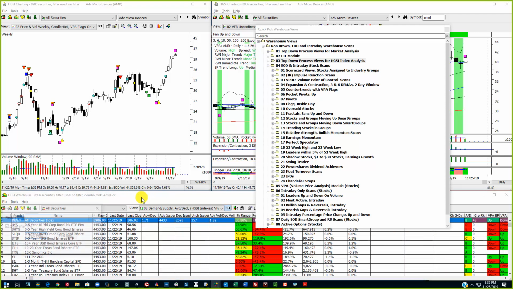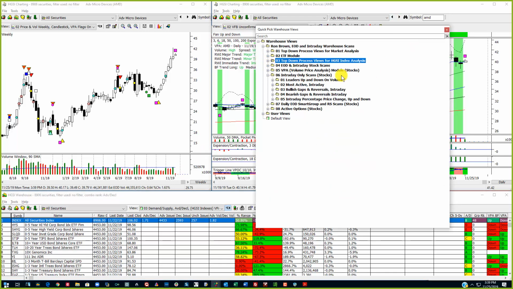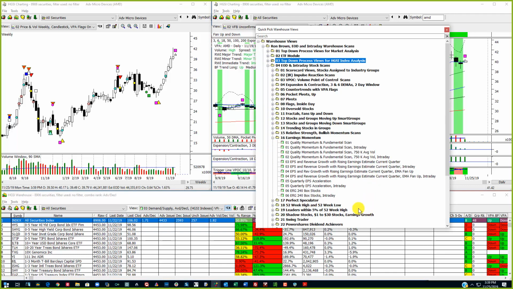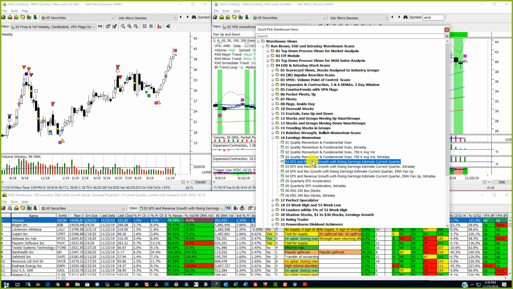Okay, let me go to all securities. Let's just go through a quick thing here. I'm in all securities. Let's say that I'm interested only in stocks with earnings momentum. And I want earnings per share and revenue growth with rising earnings estimates for the current quarter. So what I do, I'm going to make a group of 582 stocks.